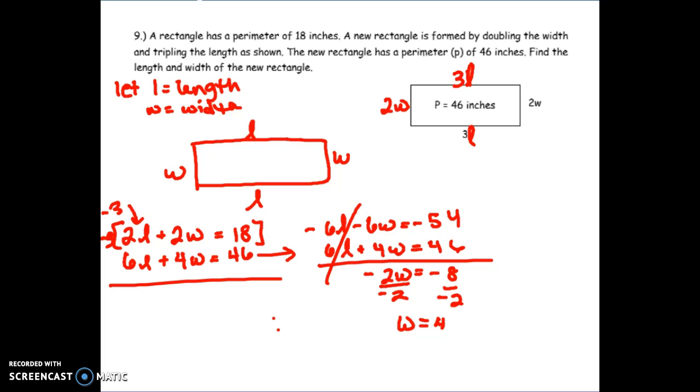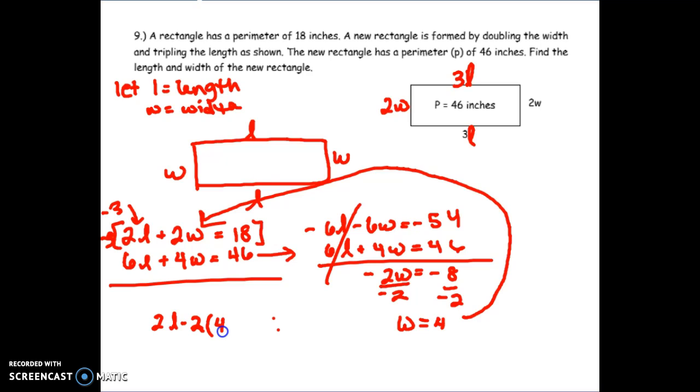All right, if my width is 4, we'll plug it back into the original equation here, and I'll say 2L plus 2 times, instead of W, I'm going to write 4, and that's going to be equal to 18. 2L minus 8 is equal to 18. 2L is going to be equal to 10.